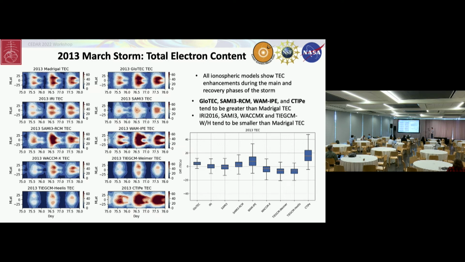So here shows the overall statistical results, the difference between the models and the observations. You can see that most of the models have a median quite close to 0, which means the difference is very small, except that CTIPe is overestimated. Also WACCM-X and TIEGCM are slightly smaller than the observations during the 2013 March storm.